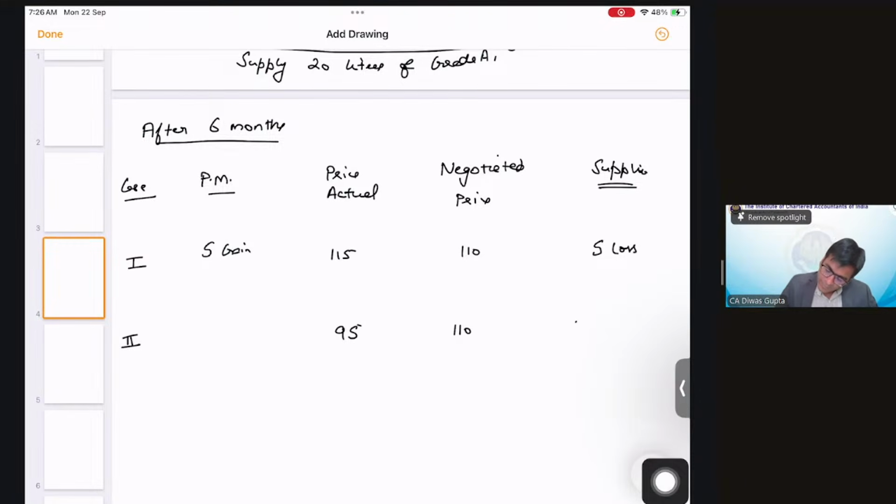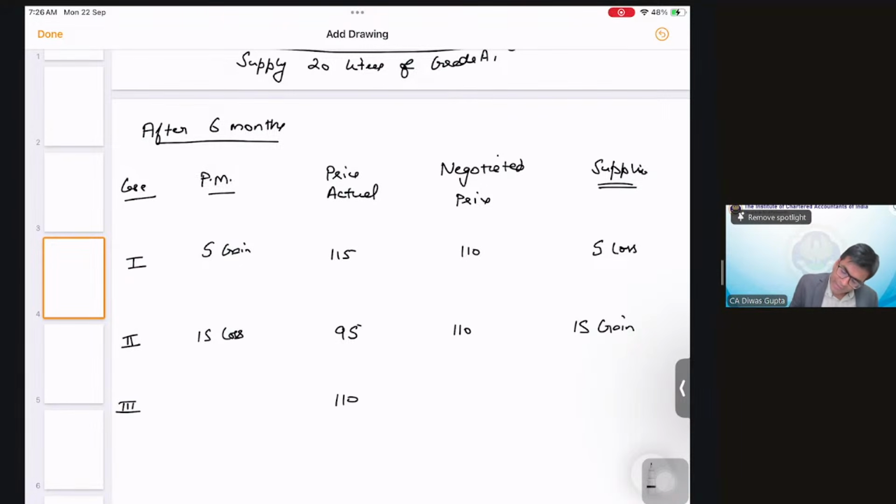Gain, sir, 15 rupees gain. Yes, 15 rupees gain. And similarly here, 15 rupees loss. Because the procurement manager would have gone and purchased in the market at only 95 rupees. What this procurement manager is purchasing now at 110, because of this obligation, there is a loss to the procurement manager.